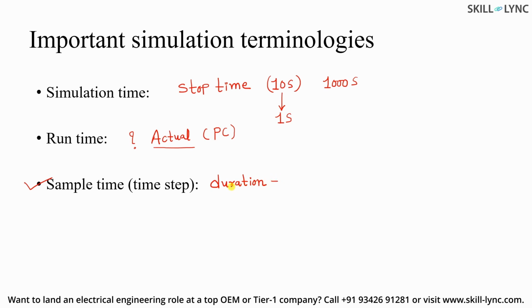So sample time, or time step, represents the duration after which your model is solved again, right? The model is solved frequently with varying inputs or conditions. After how much time your model is going to be solved again, that is called a time step.